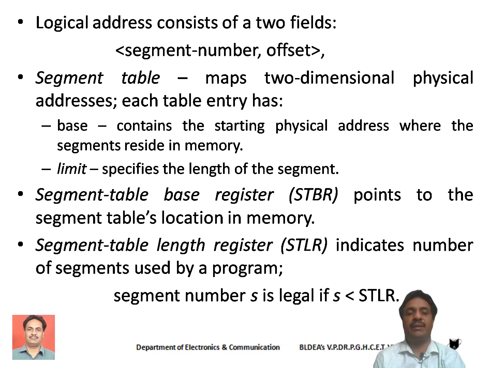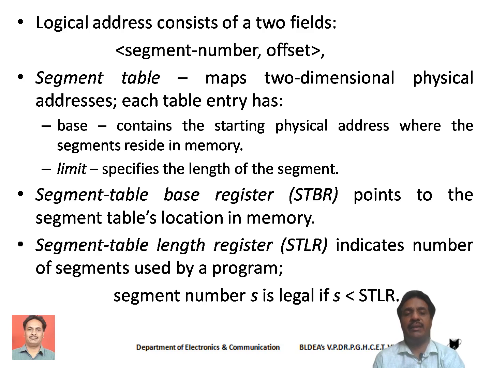Then the operating system employs a segment table to convert the logical address into a physical address. So to convert the logical address into a physical address, the operating system employs a data structure called the segment table.